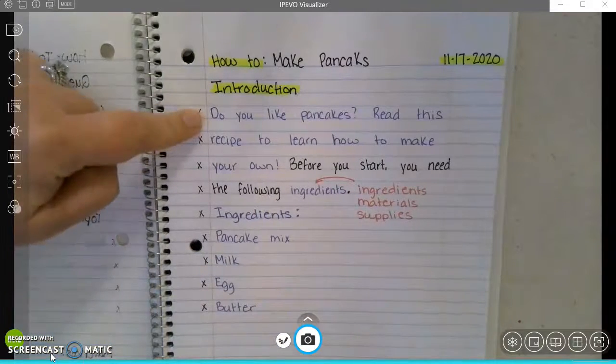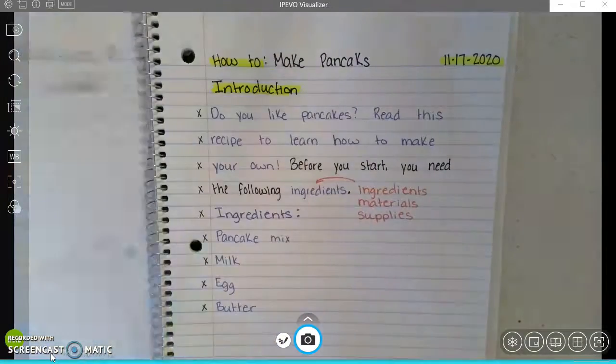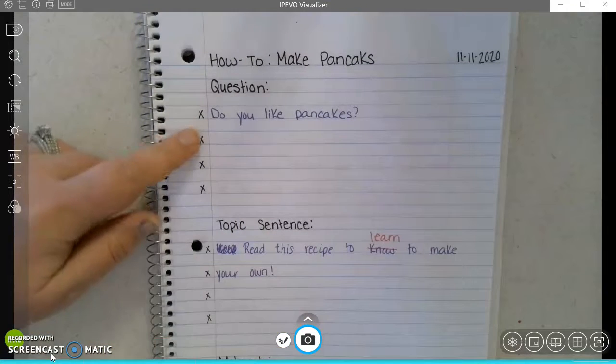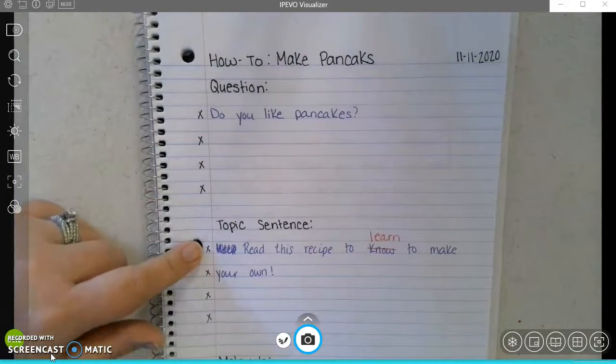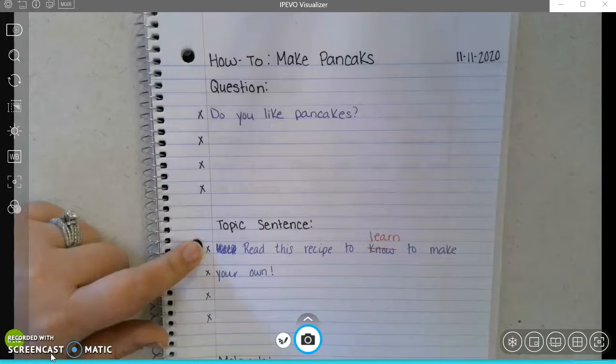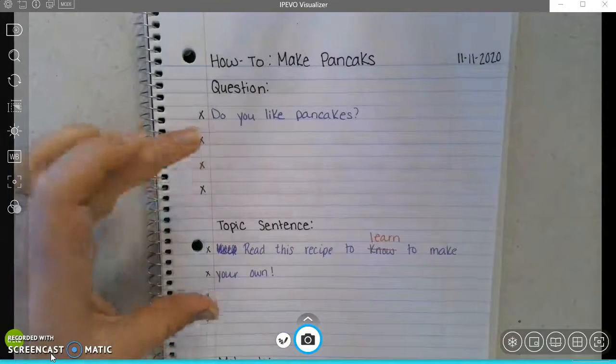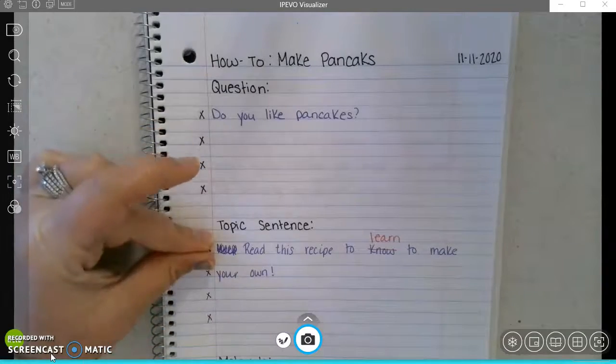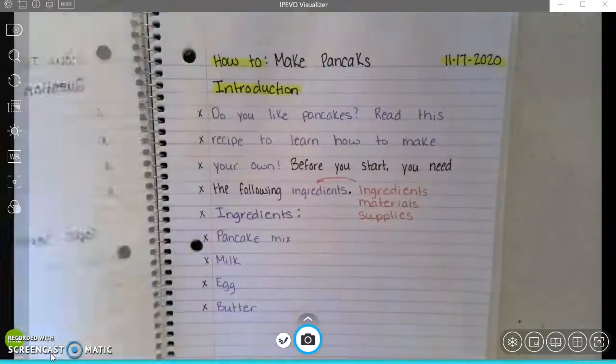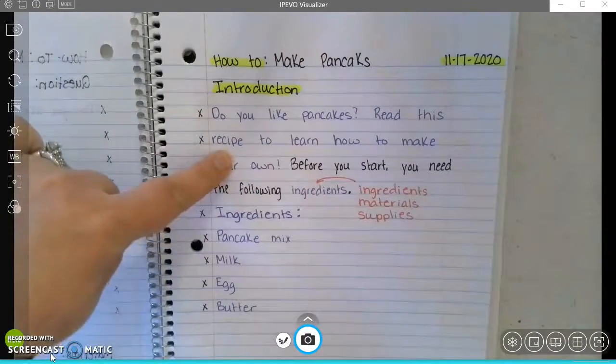You start with your question, then you write your topic sentence. And friends, you already did that, right? You're turning it into Google Classroom. I've looked at it. I've left you notes and tidbits and tips to help you. All you're doing is taking this and squishing it together to make this, okay?